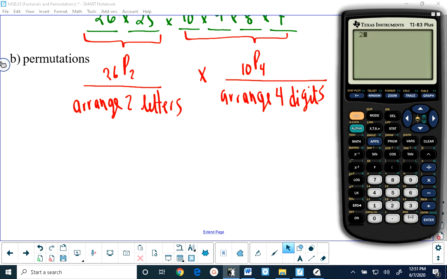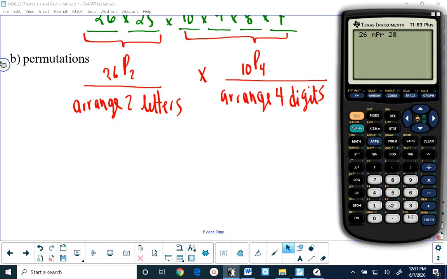If I enter 26 and then go to my menu where the factorial notation was, I discover there is an nPr function. And then I can enter 2. By the way, you do not need a set of brackets around any of this, because as soon as you pull up nPr on your calculator, the 26 and the 2 are locked together.